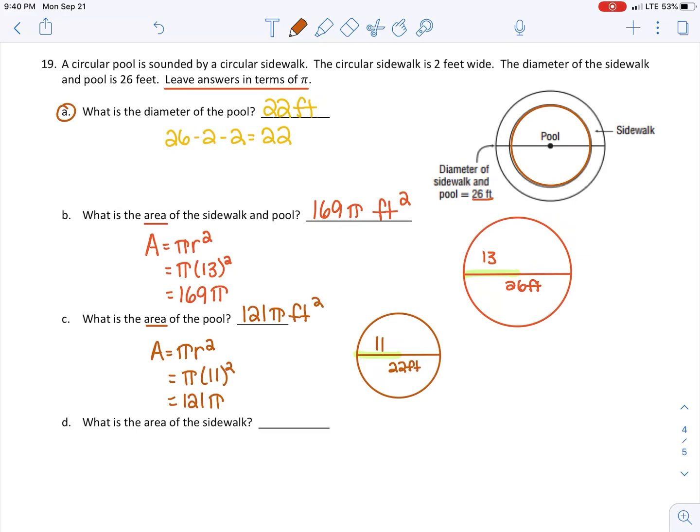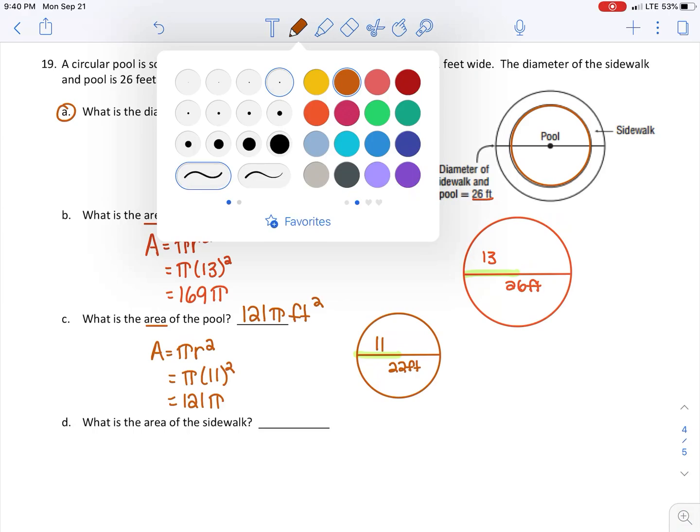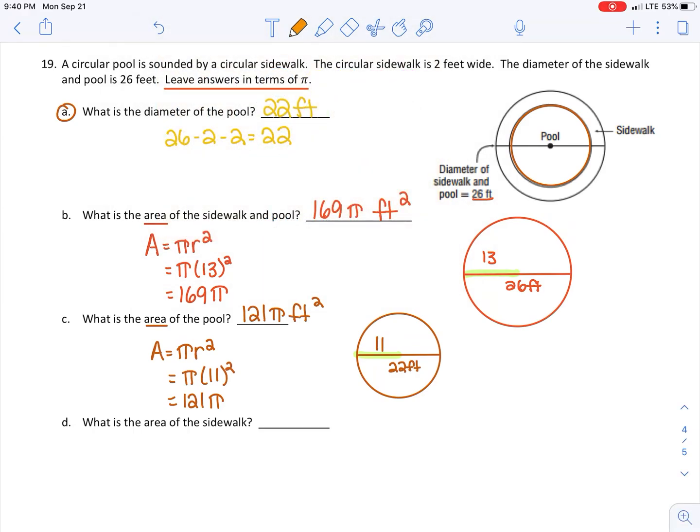Okay. Now this last question is asking about the area of just the sidewalk. So we found the area of our big circle. We found the area of our pool, our smaller circle. Now it's wanting us to find just the area of the sidewalk. Okay. So if I know what the area of my big circle is, and I know what the area of my small circle is, I can take out that small circle by subtracting the small circle from the large.